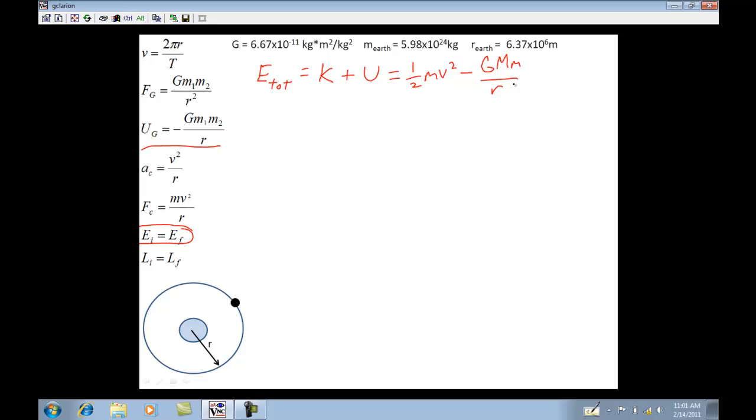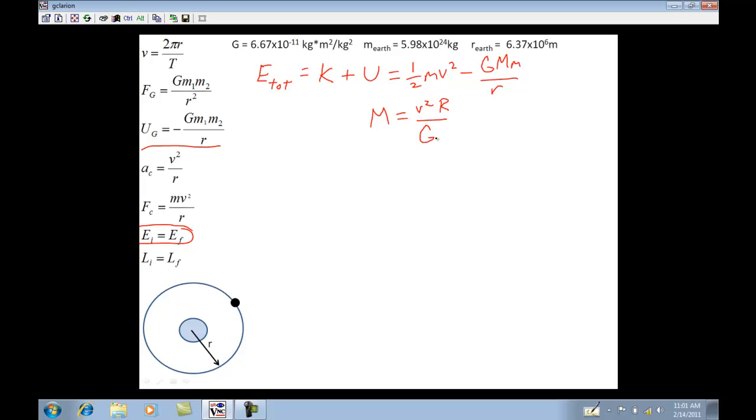So, we know from our previous relationships that this big M, which has precedence in a previous AP test, you need to know this. This big M is equal to V squared R over G.